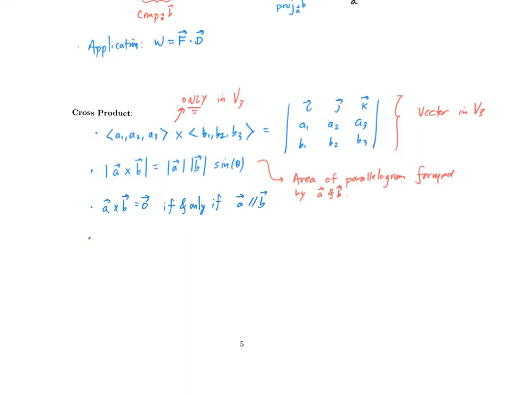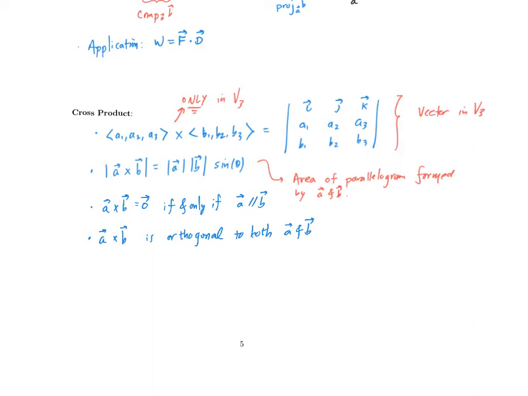And probably the most important property, the one that we use the most frequently, is that the vector A cross B is orthogonal to both A and B. And as a reminder, we use the right-hand rule to determine the direction of it.